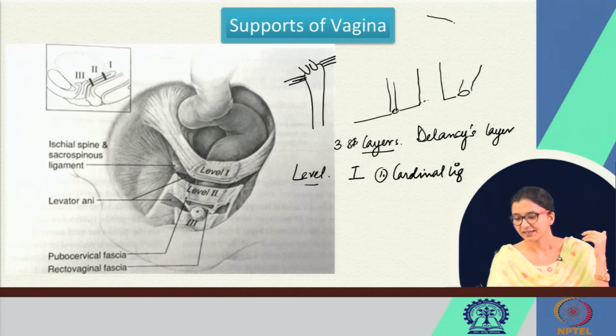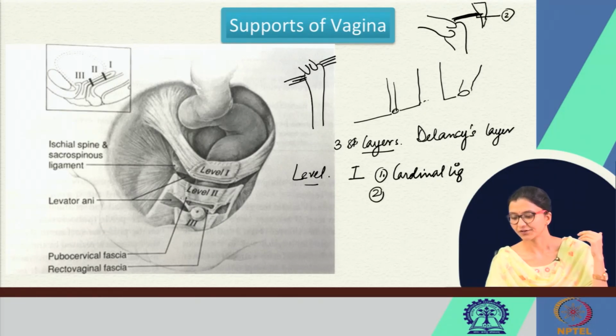Behind means here this is the cervix, this is the vagina, and here is the sacrum. So there is a ligament. This ligament is known as the uterosacral ligament.